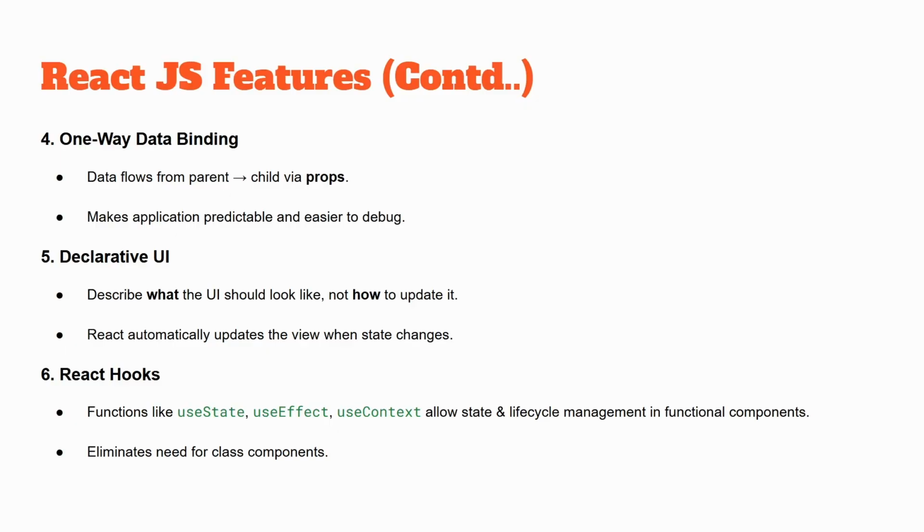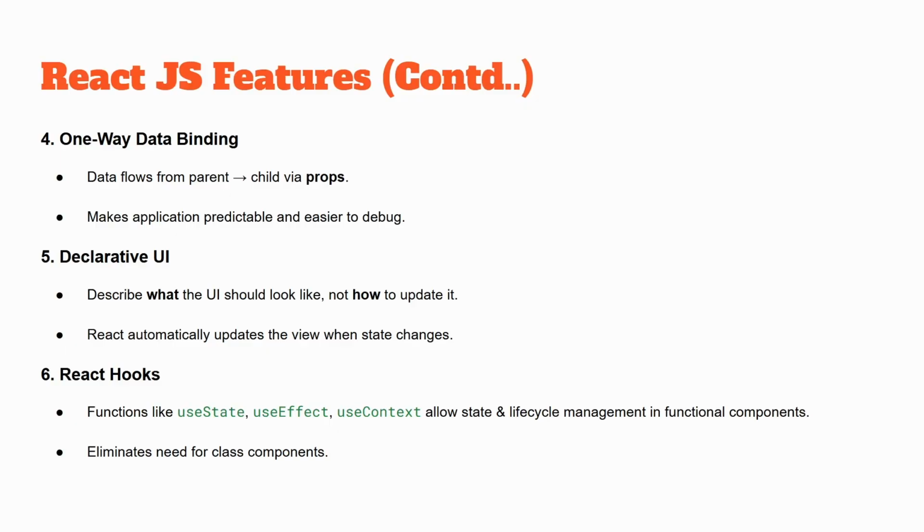So the child cannot transfer data to the parent unless there is a shared state. If there is a shared state from the parent to the child, only then it can share the data. Because of this one-way data binding, it is easier to debug the code when we write a JavaScript component.